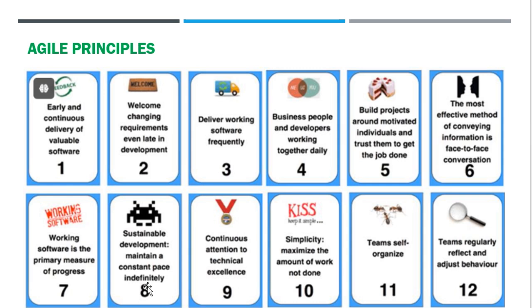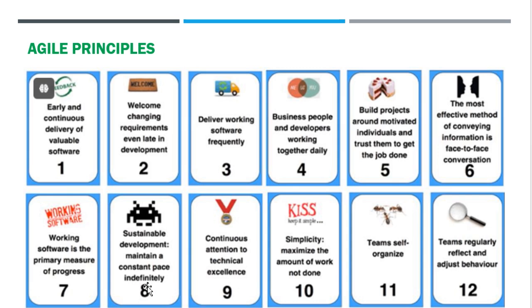In agile also, an agile team prioritizes writing clean, well documented code and refactoring whenever necessary. This technical excellence allows them to adapt quickly to change and add new features without introducing any bugs or creating delays. That is why continuous attention to technical excellence and good design enhances agility.